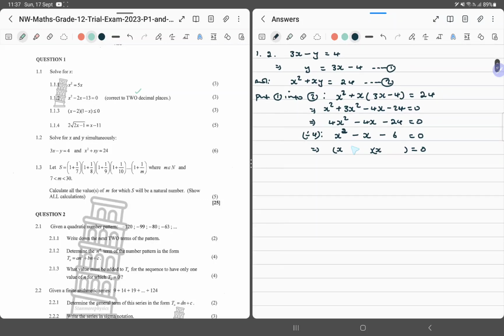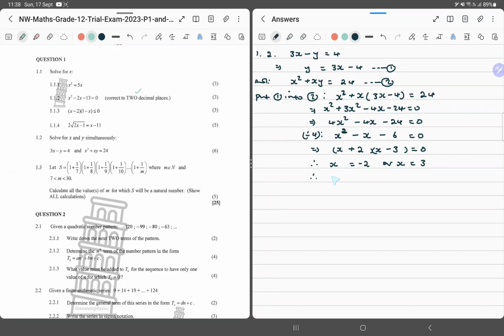But I think don't overuse the general quadratic formula. Otherwise, your thinking is going to be killed. Anyway, doesn't matter what you choose. It's up to you. So this is a 2 and minus 3. So therefore, our x is a minus 2 or x is a 3.